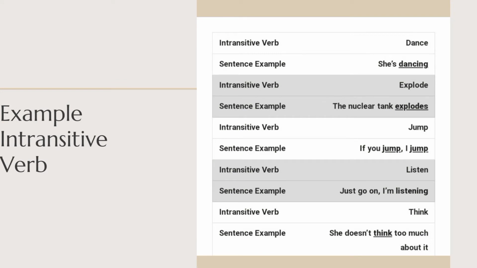Intransitive verbs. Intransitive verbs are verbs that make sense even if they are not followed by any object. For examples of intransitive verbs, we can see the next page. Transitive verb.